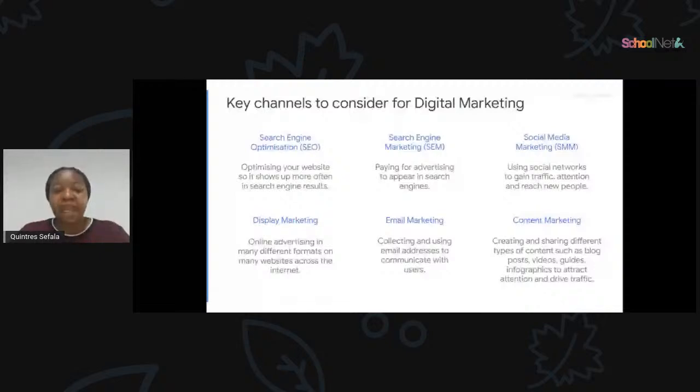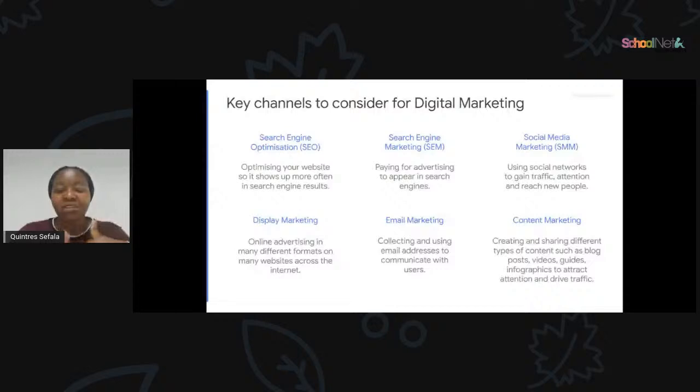And then we have search engine marketing. With search engine marketing, it's paying for your business to have an ad that appears on top.